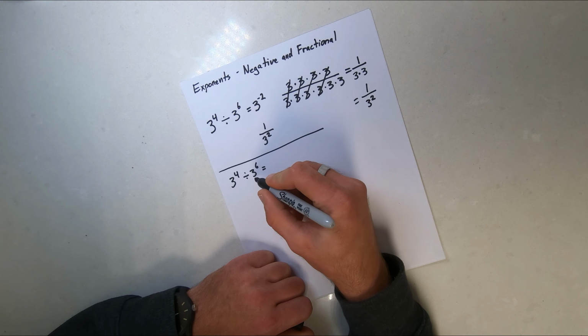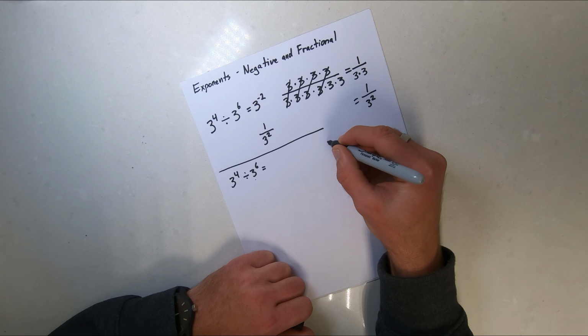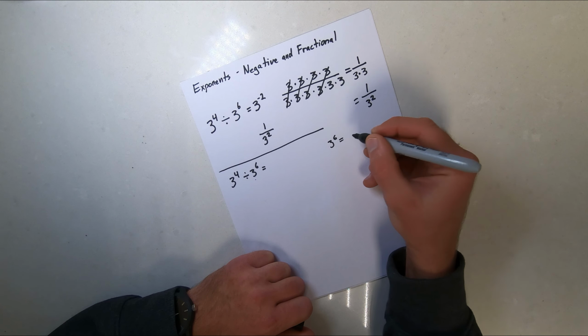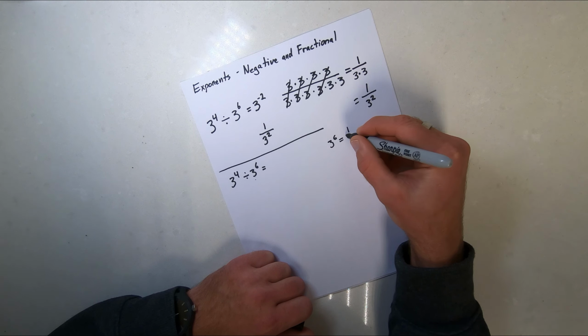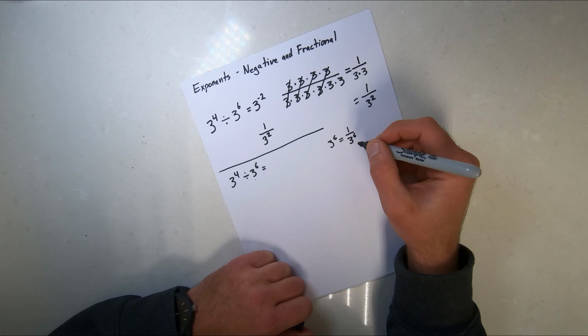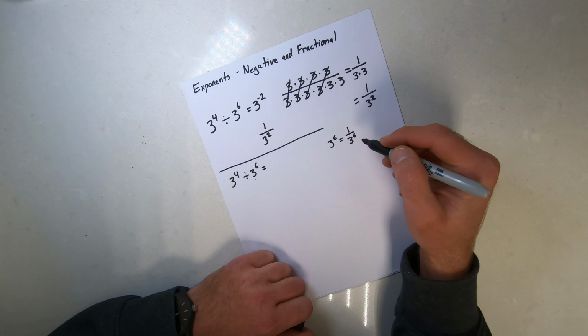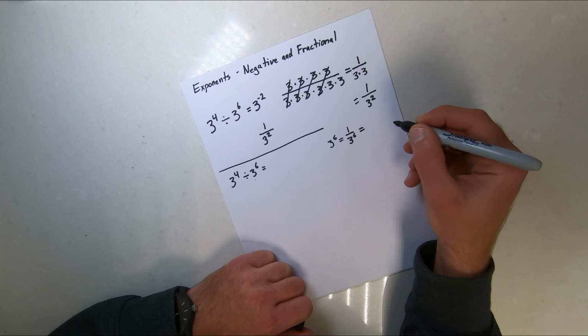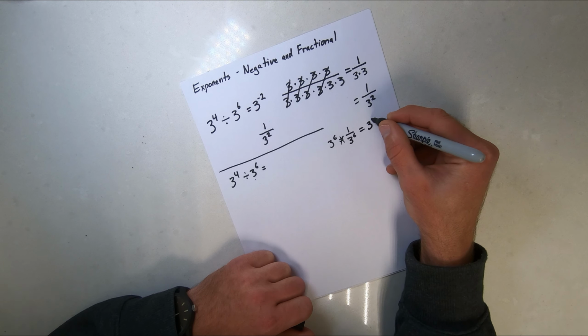So what is the opposite of 3 to the 6? The opposite would be the reciprocal, which is 1 over 3 to the 6th power. And we already know that 1 over 3 to the 6 is the same thing as 3 to the -6.